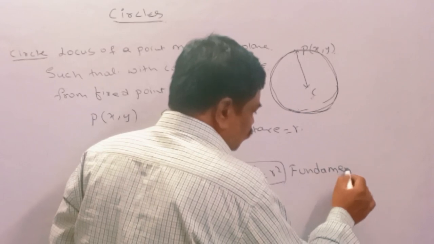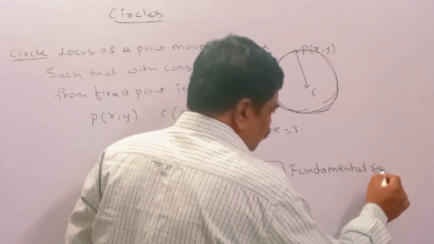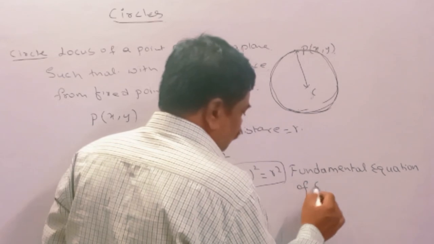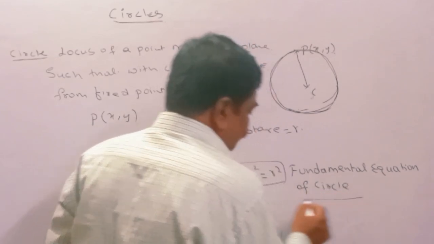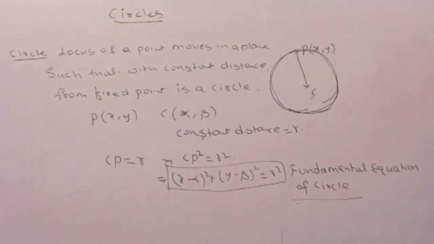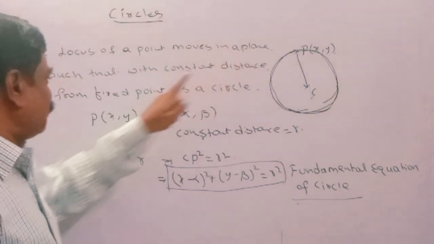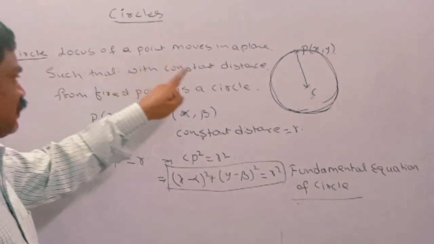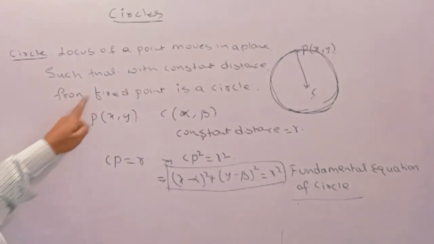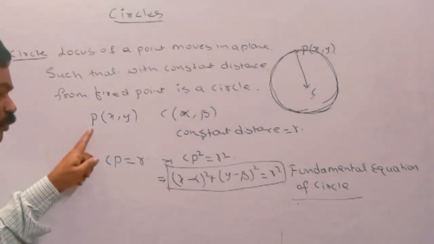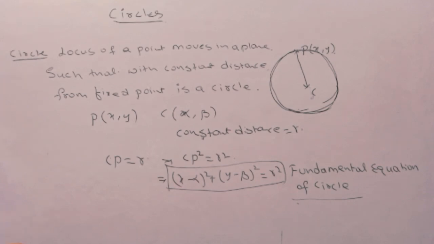Fundamental equation of circle. Okay, all of you. Here, the locus of a point that moves in a plane such that it stays at constant distance from a fixed point is a circle. Let P, the moving point, be (x, y).